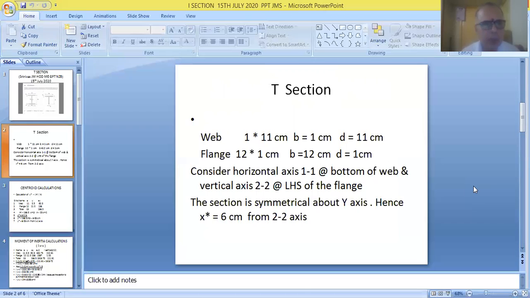Now, friends, we have discussed the indication of BD values.